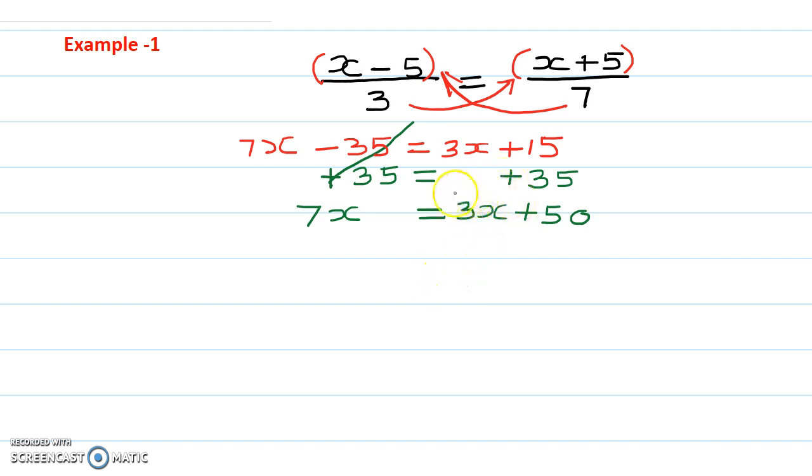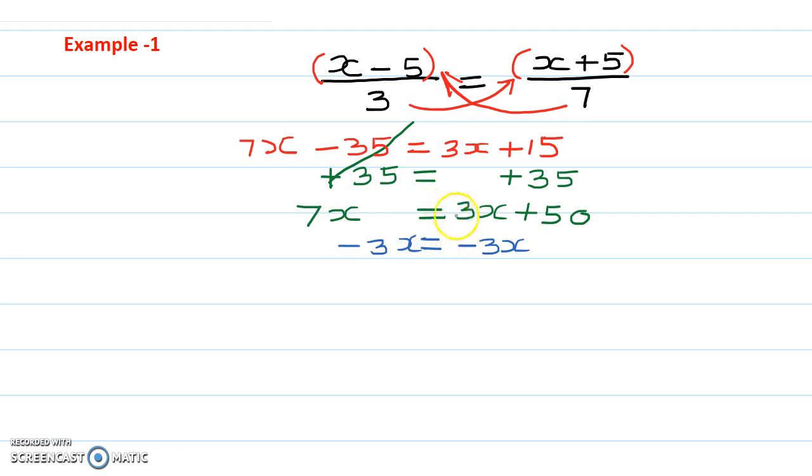Now one 3x is here which is giving us trouble. So let's bring 3x to this side. How can we do this? Underneath the equal sign, we can do minus 3x here and minus 3x here.